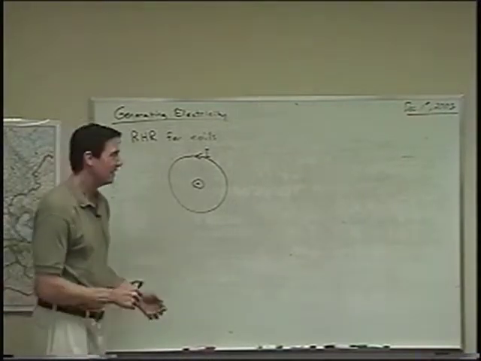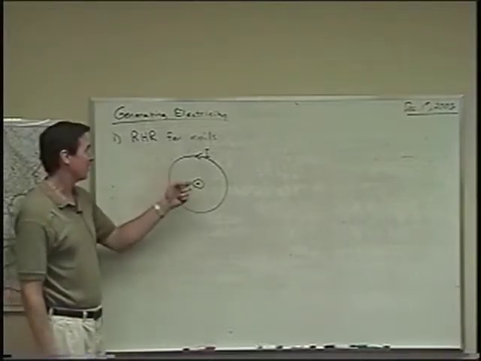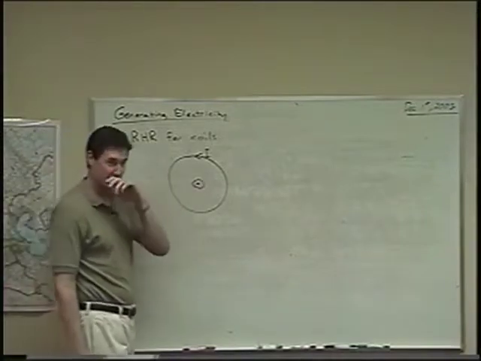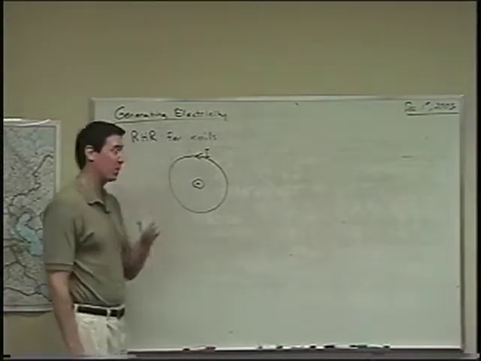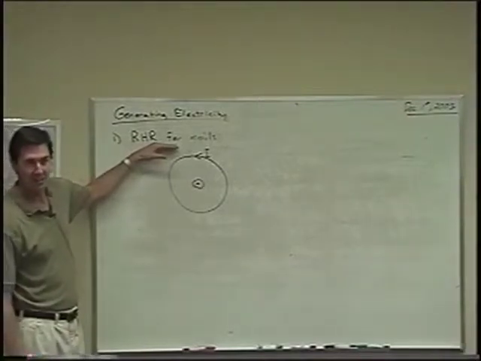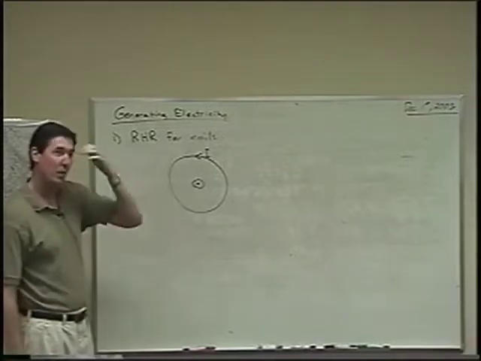So this is not a new right-hand rule. You can derive this one from Ampere's first rule. It's the same rule. This is in effect a specialized case of the Ampere rule for coils.